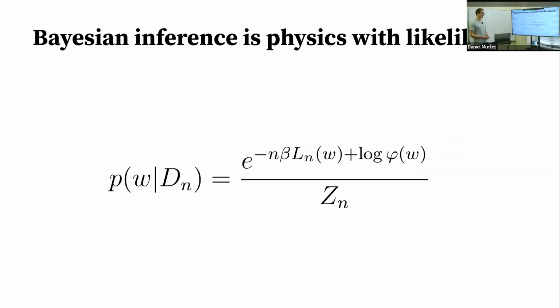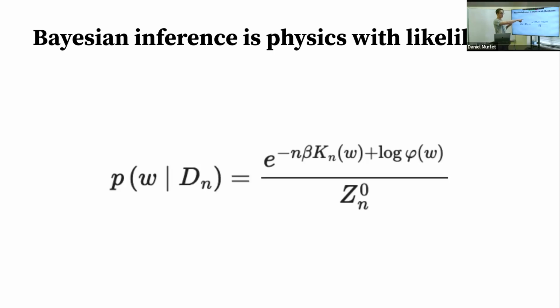Okay. And so, as I said before, because the probabilities only depend on relative likelihoods between different microstates, we can just shift our likelihoods up or down. And so I can rewrite this in terms of the empirical KL divergence, defined so that the global minimum of this thing is at 0. It's better behaved and easier to work with.